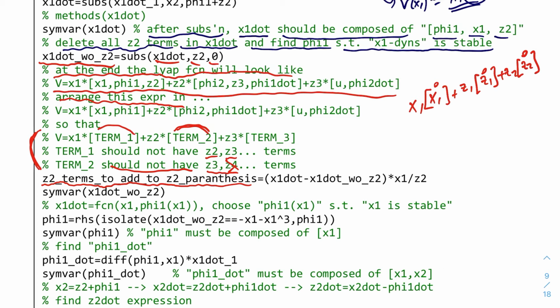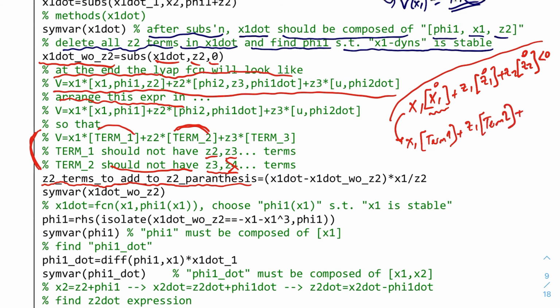This is our V. But here we want to have x1 term 1 plus z1 term 2 plus z3 term 3, by just simple manipulations.